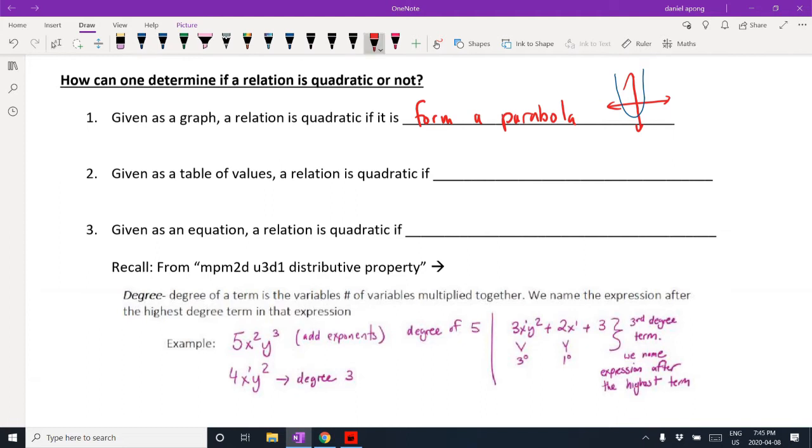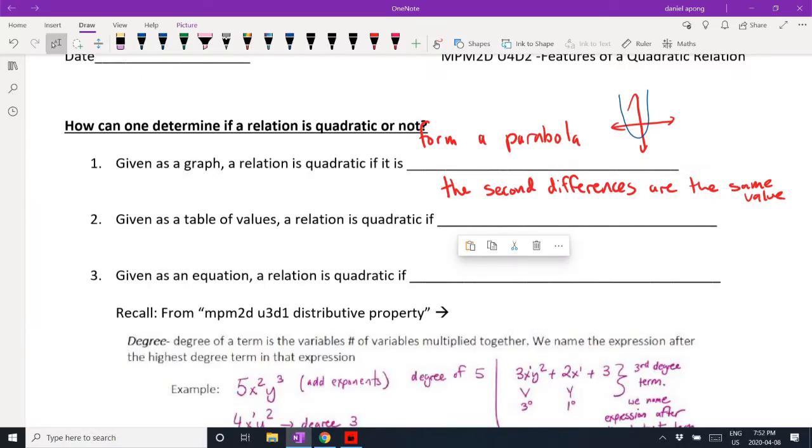If the second differences are the same, then we know it's quadratic. Remember from yesterday, if the second differences are positive, the graph will open upwards. If the second differences are negative, the parabola will open downwards. We can tell if an equation is a quadratic by looking at its degree. Given as an equation, a relation is quadratic if the highest degree is 2.